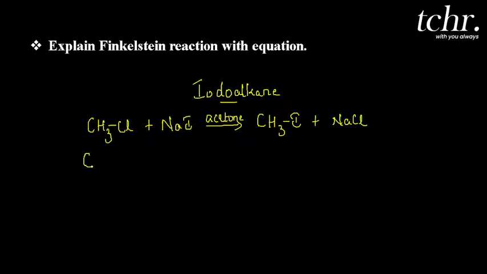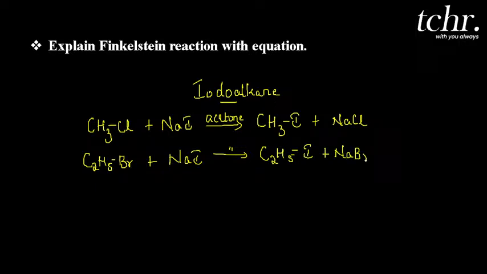In case I'm taking bromoethane, C2H5Br, here also you treat with concentrated solution of sodium iodide in the presence of acetone as a catalyst. Here also you can expect the product iodoethane, plus the byproduct will be NaBr.